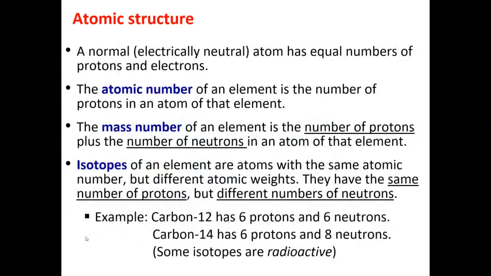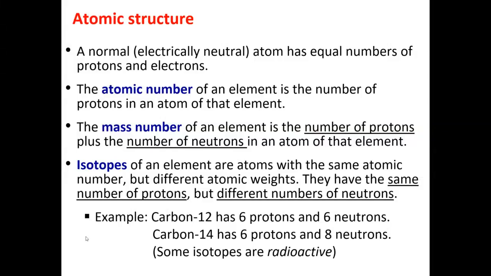Okay, sorry I'm skipping around so much. These terms, atomic number and mass number. The atomic number is just the number of protons in an atom of a particular element. So in hydrogen, the atomic number is 1, because an atom of hydrogen has just 1 proton.